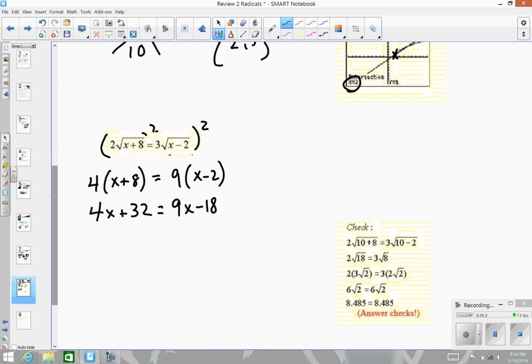This is a linear equation because my x has a power of 1, makes it linear, so I need to get x's on one side, all numbers on the other. I'm going to subtract 4x from both sides and add 18 to both sides. 50 equals 5x.